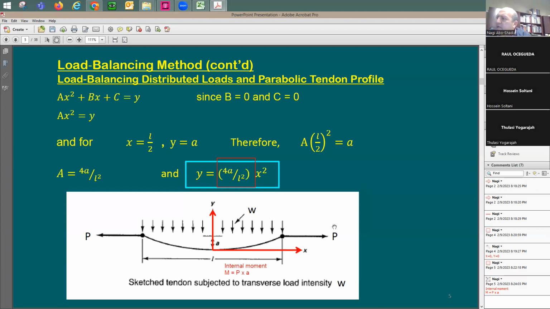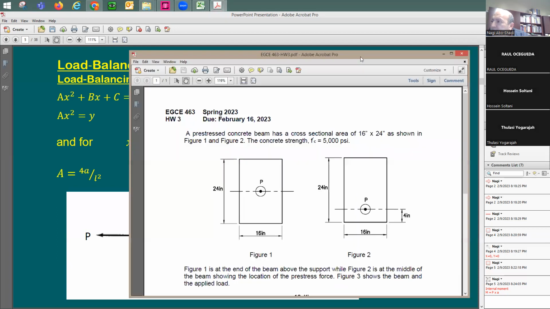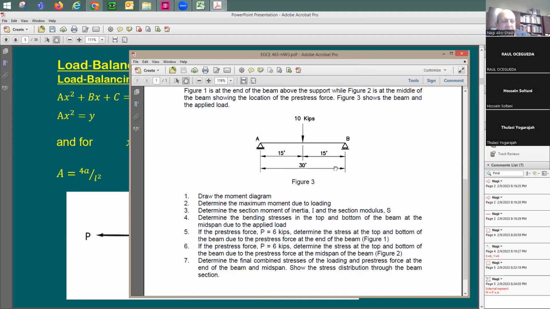About the external moment, how do you guys do the external moment on the beam? Can someone help me here? Hussein? Mr. Hussein, are you there? Yeah, I'm here. I mean, you said it, PL/4, correct?